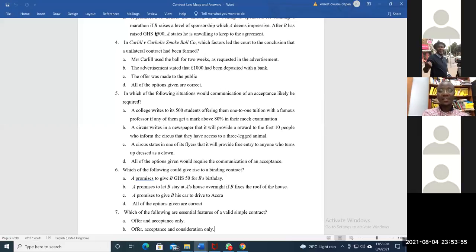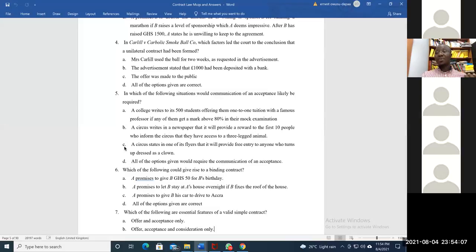D. Okay. So yeah, if you are familiar with Carlill and Carbolic Smoke Ball, yes, using the ball for 2 weeks is part of what made the court say that is actually the offer. Then it said that they had deposited 1,000 to show seriousness of the intention.